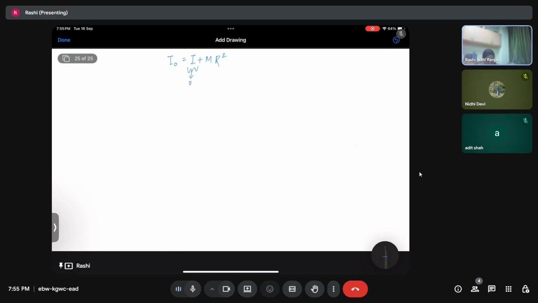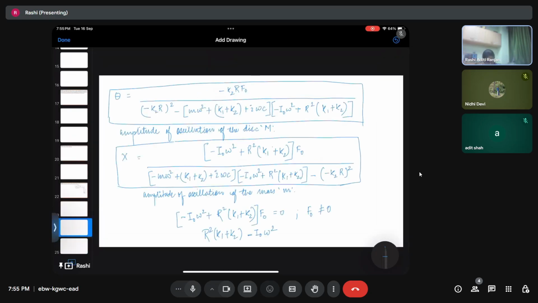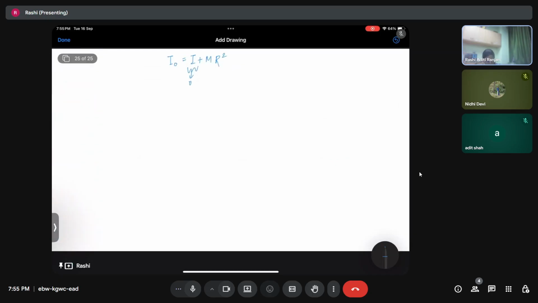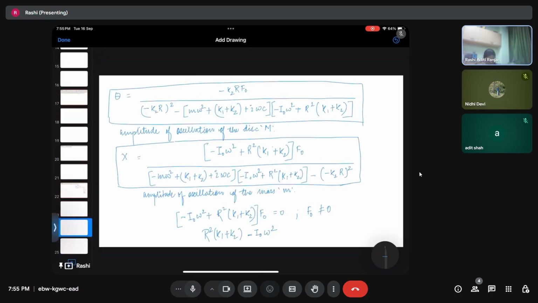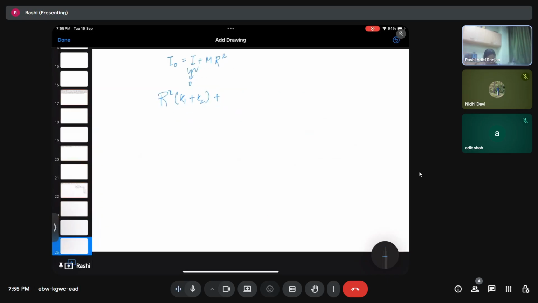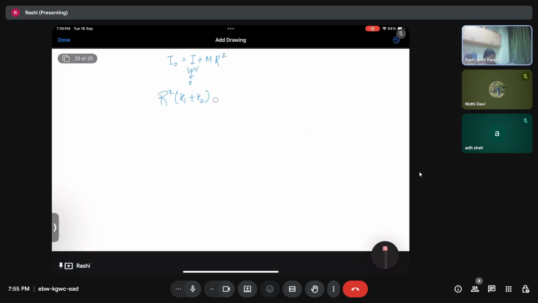If we take it as 0, we have r square times k1 plus k2 is equal to m r square omega square.